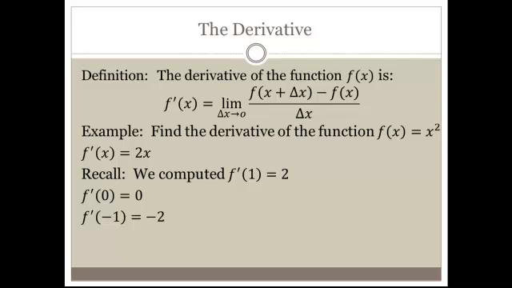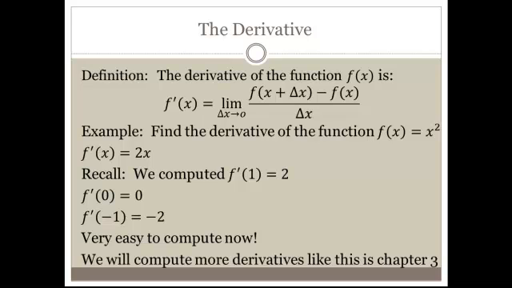So f prime of 0 is 0 and f prime of negative 1 is negative 2. Since we did all the hard work in the last slide, it is now very easy to compute. Coming up in Chapter 3, we will compute the derivative of all the functions that we've talked about in this manner.